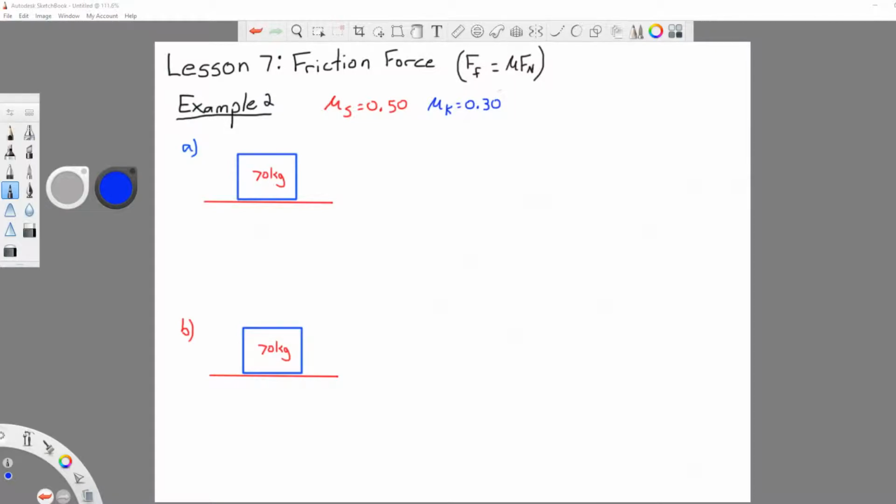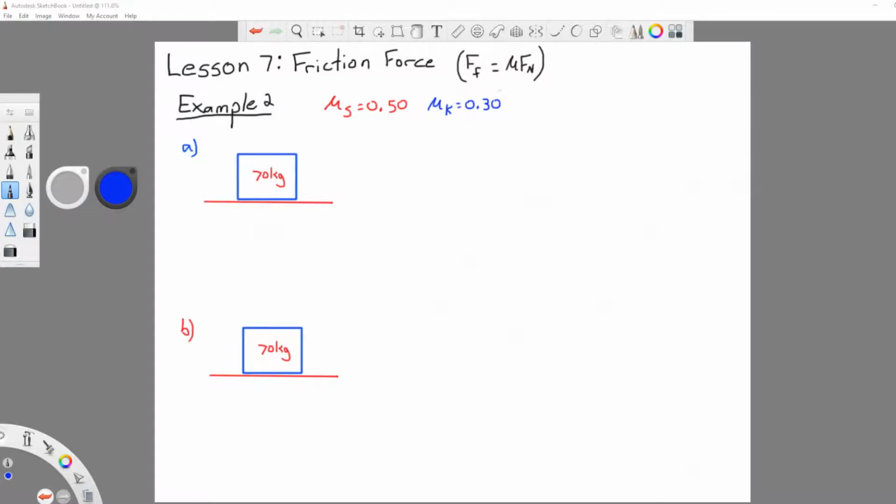Once we are able to begin moving an object, we can slide it along the floor and then use the coefficient of kinetic friction. The coefficient of kinetic friction is typically less than that of the static one, meaning that essentially once we get an object moving, it's going to be easier to move than it would have been when we're just trying to get it going.